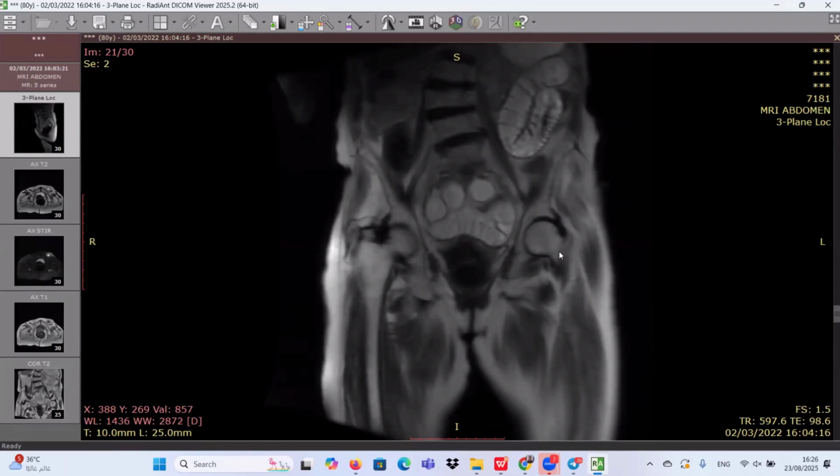So we did an MRI scan for her. And by the way, sometimes in your exam or in your daily routine practice, the challenging point is to diagnose the case with a non-ideal modality. So let's take care of this point, and this is one of the classic examples for this scenario.